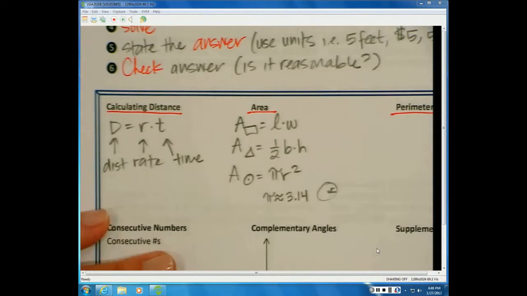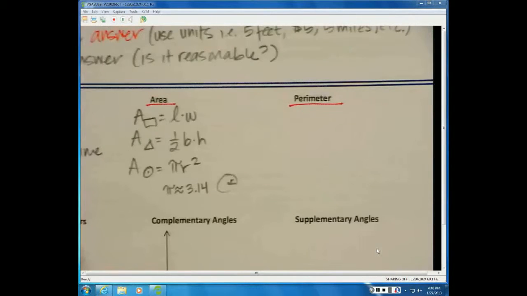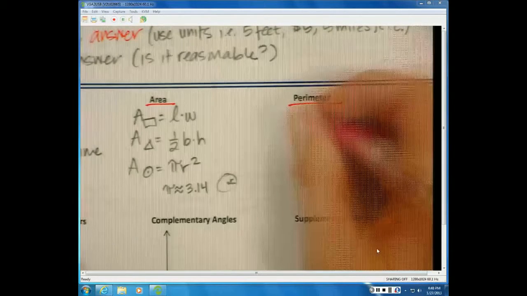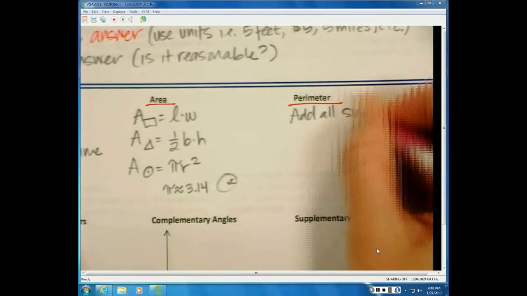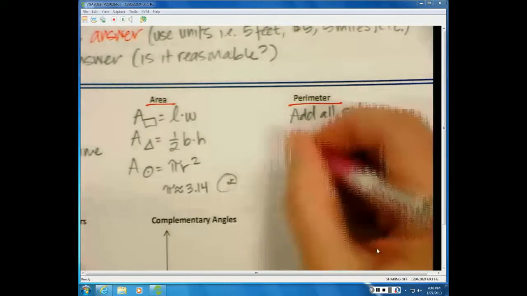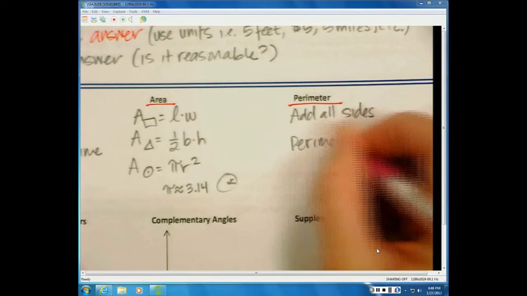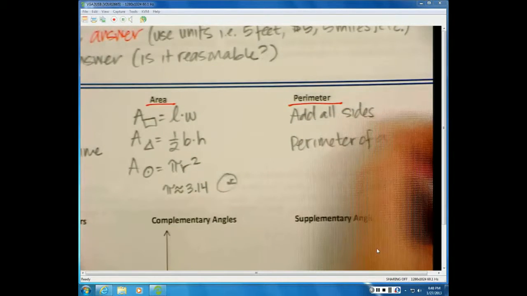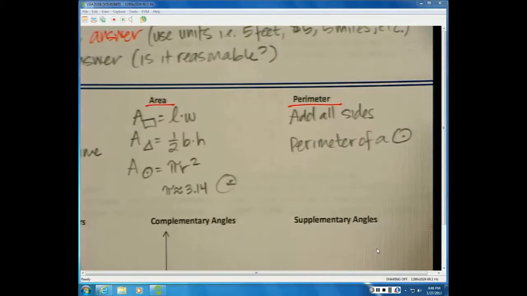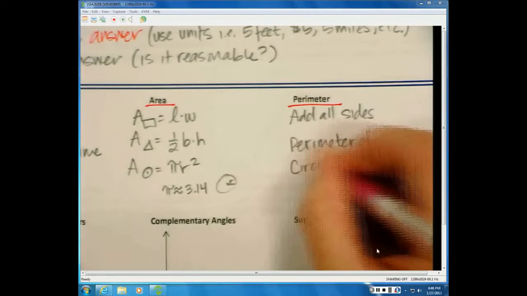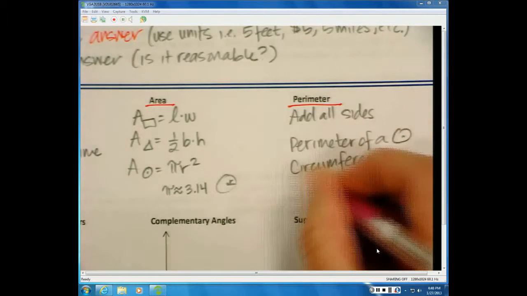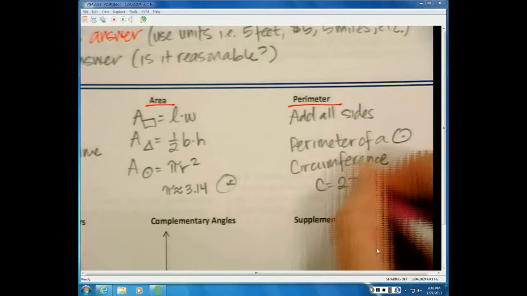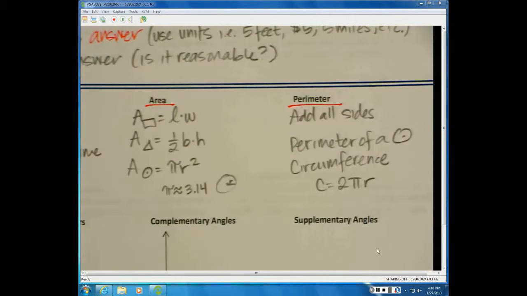In order to find perimeter of a polygon, you're going to add all the sides. Perimeter of a circle, we call that circumference. And we use the formula C equals 2 pi r. These three things I know we've talked about.